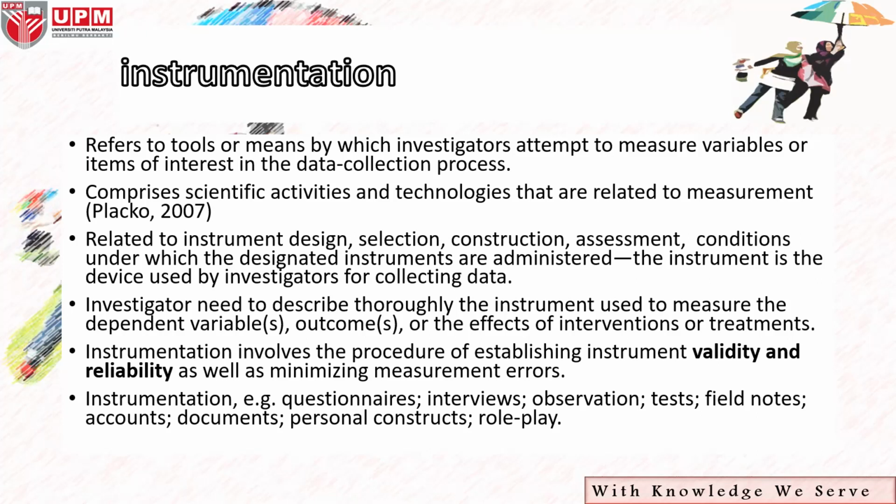But one of the characteristics to choose the instrument is by looking at the instrument that has strong reliability result. The reliability result ni you can decide based on the Cronbach alpha value for the instrument.